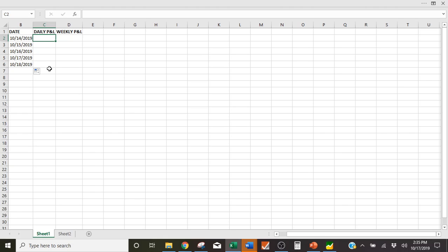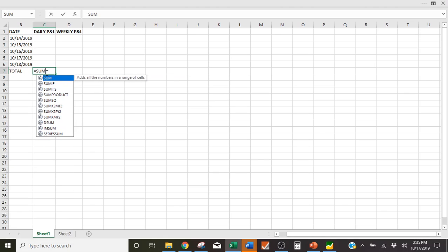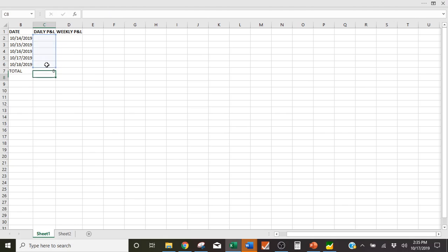Then I'll put my total here. And for my total, that's just equals sum, open bracket, and then I can just block all of that. So if I want to put in, say I made $100 here, it changes.